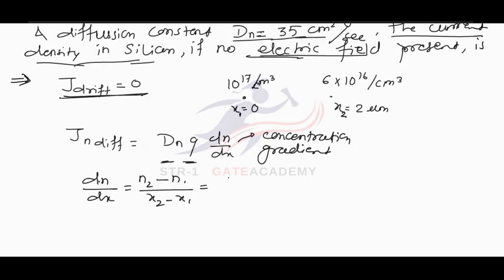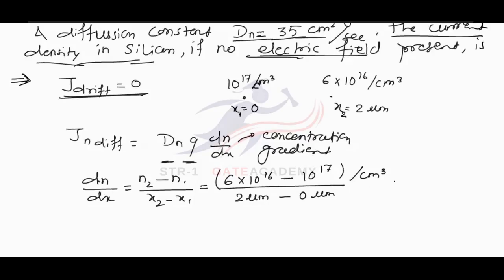So n2 equal to 6 into 10 raised to power 16 minus n1 equal to 10 raised to power 17, divided by x2, 2 micrometers, minus 0 micrometer. The unit of concentration is per centimeter cube, while the unit in the denominator is micrometer, so we will have to change the unit of the denominator.